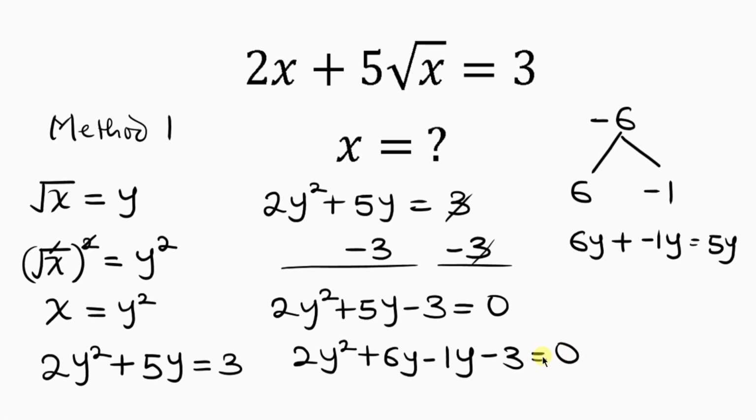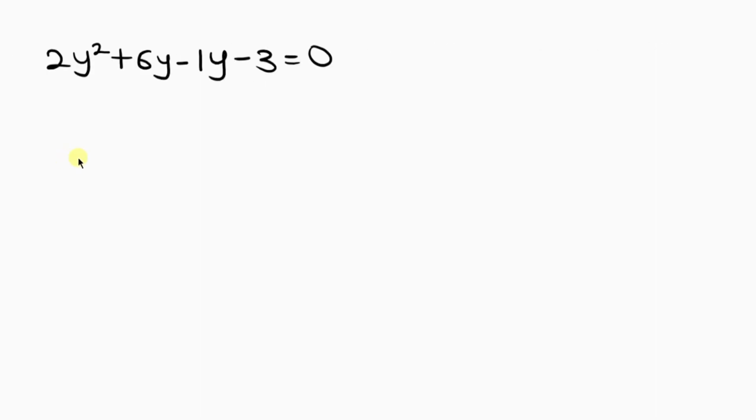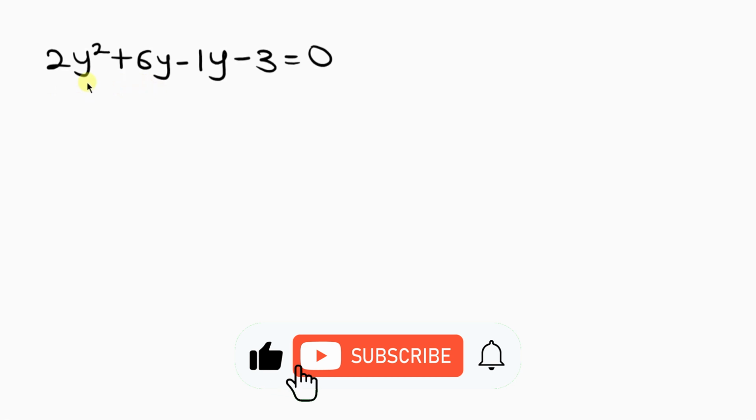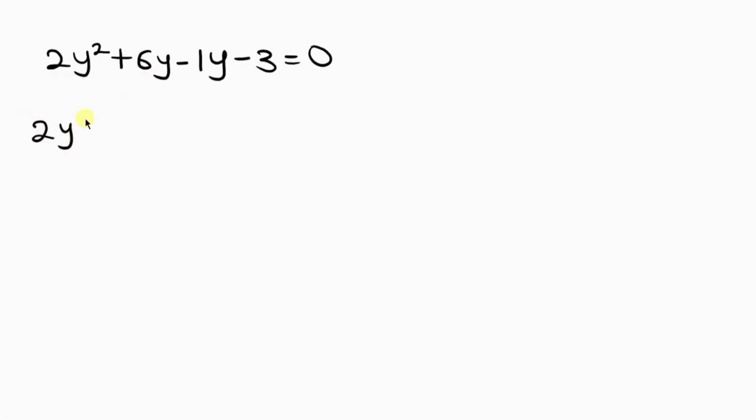Very good. So let's factorize. Notice that 2y is common, so I'm going to factor out 2y. Open a bracket, and then 2y squared divided by 2y, I'll have y. Plus 6y divided by 2y, I'll have 3.